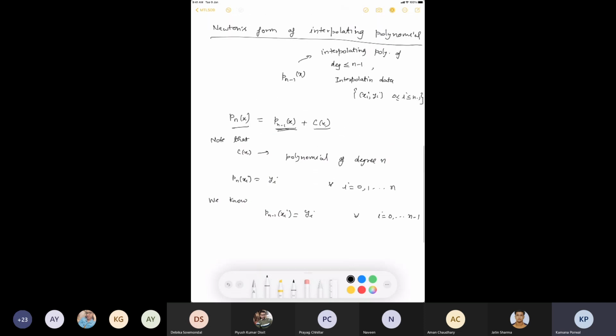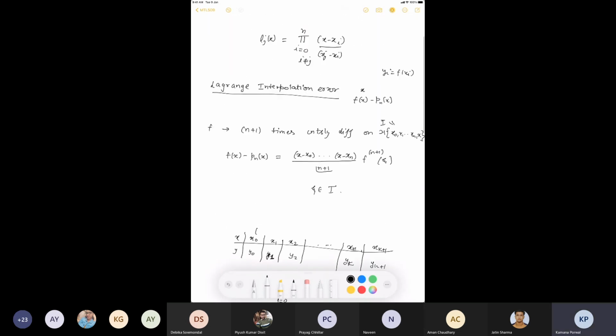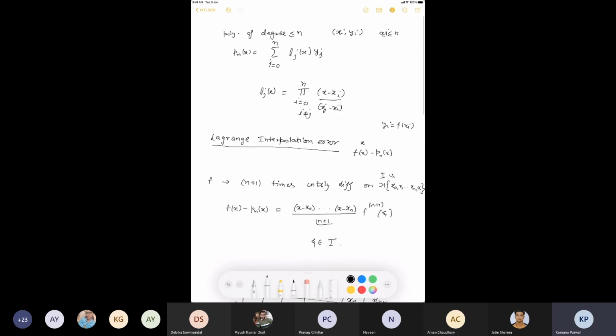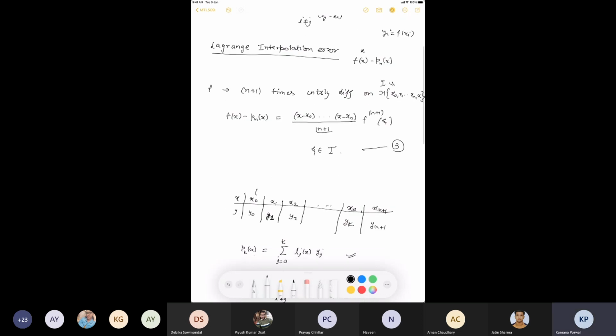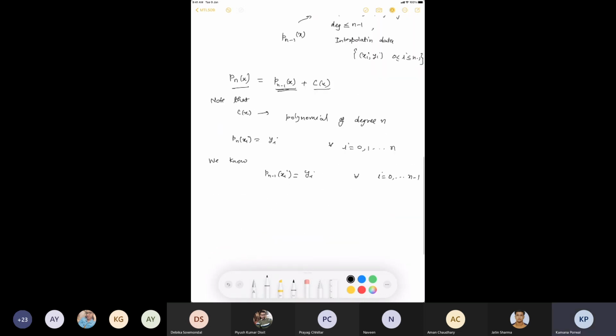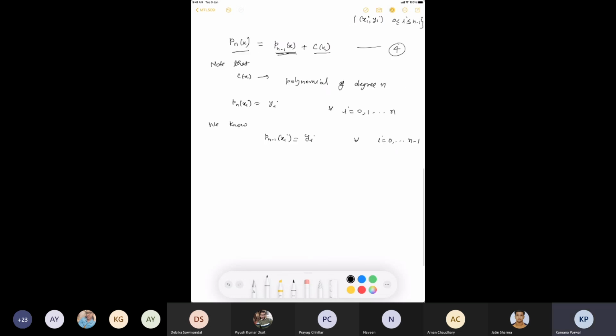Okay, so what can we say about the Cx then? Let me give the equation numbers, since I will require this later. So this is 1, 2, 3, and let's call this 4. So from equation number 4, Cx is the same as Pnx minus Pn minus 1x.